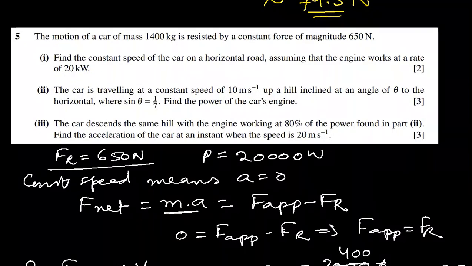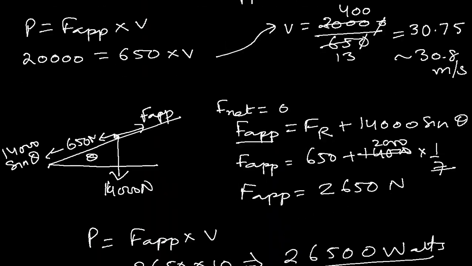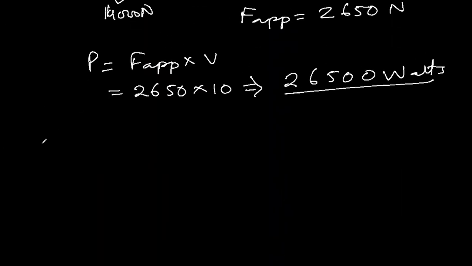See what the third part is. The car descends the same hill with the engine working at 80% of the power found in part 2, or 80% of 26,500. Find the acceleration of the car at the instant when speed is 20 meters per second. That means it's variable now, so they're asking at a specific instant. First of all, we should find 80% of 26,500.